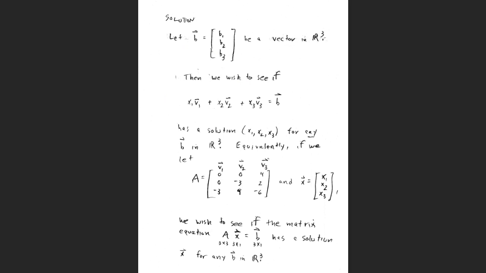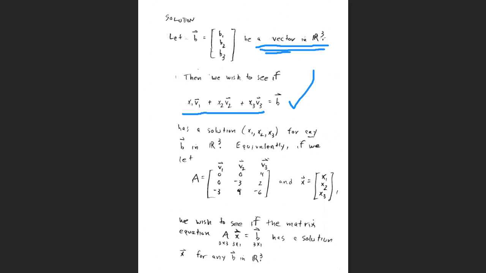So what we need to do is this. We're going to let the vector B be some random vector in R3. And we wish to see if the vector B can be written as some linear combination of the vectors v1, v2, v3.